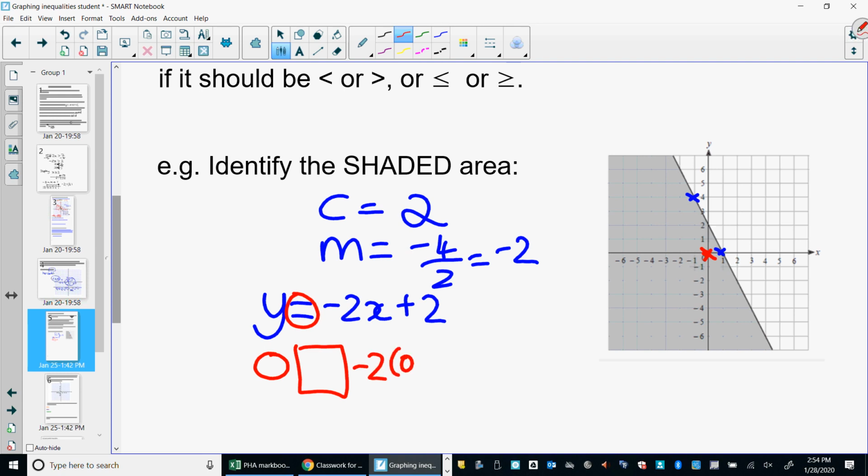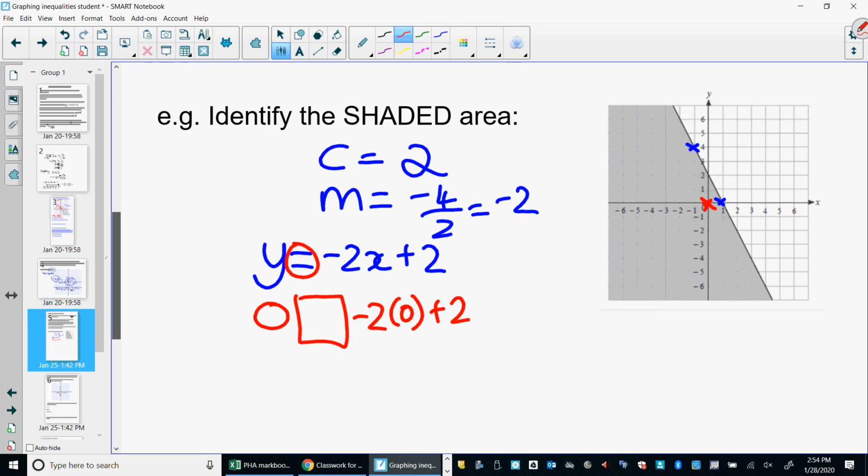-2 lots of 0 plus 2. So I've chosen the point 0, 0 and I'm substituting it in. So I've got 0, and I'm leaving this blank because I need to establish which sign to put in. Negative 2 lots of 0 is 0, and then that's 2.